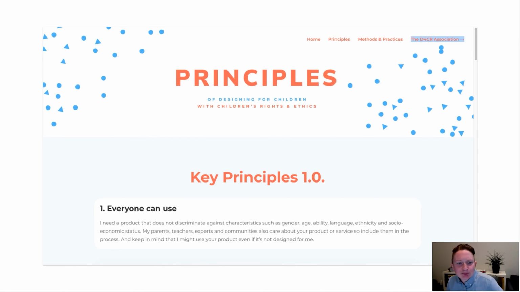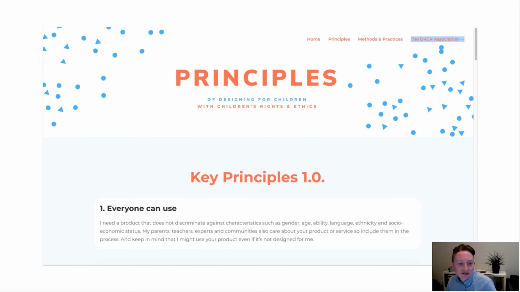And this is just one more that I find very nice. This is called the Children's Design Guide. It's made by an organization, an association that wants to involve children in the design process so that products are better designed for children. And they have just a few principles. So these are not very detailed guidelines, but really more just guiding values, we could say.